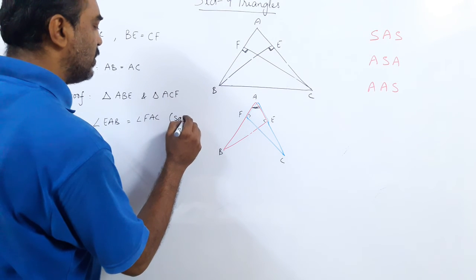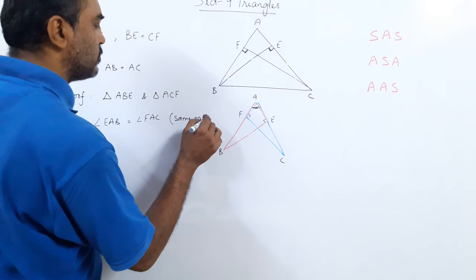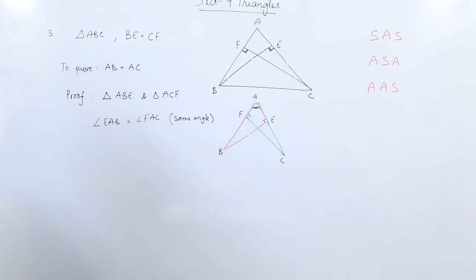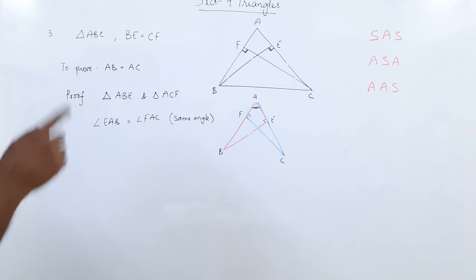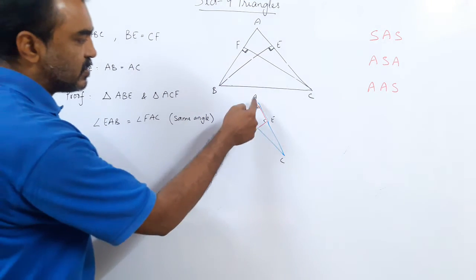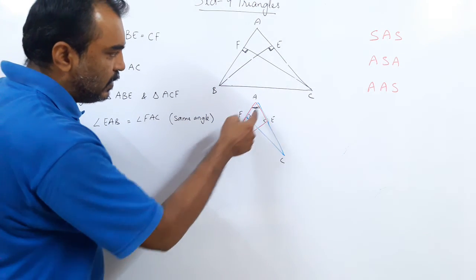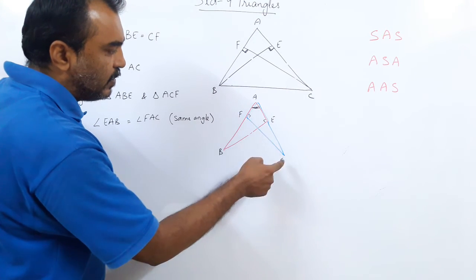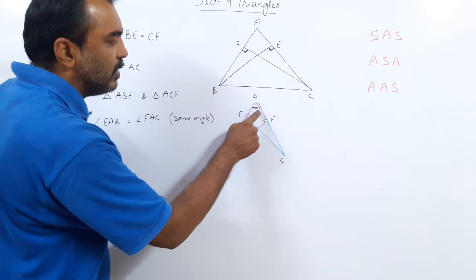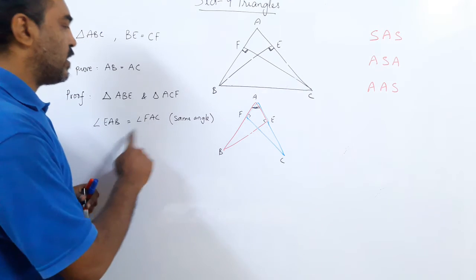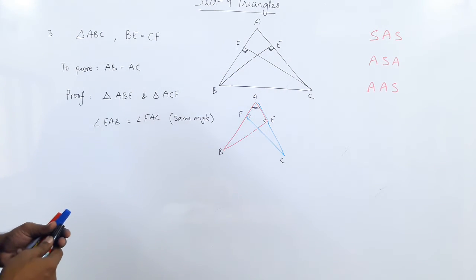What will we write? Same angle. It is nothing but the same angle. Can you see that? The triangles are different, but the angle is the same. So in this red triangle EAB, this is the angle A. In the blue triangle FAC, this is the angle A, and the angle is common to both the triangles. They are equal.